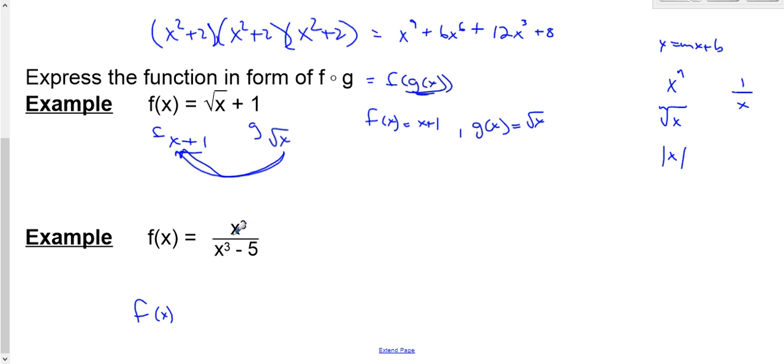So I think what I would say is that x cubed is being plugged in, and we could say that f of x is x over x minus 5, and g of x is x cubed. So x cubed is replacing x from the function f. Okay, so we would take x to the third and plug in for x here to get x to the third, and then for the denominator, plug in x to the third to get x cubed minus 5.